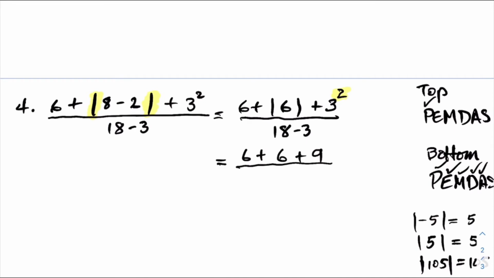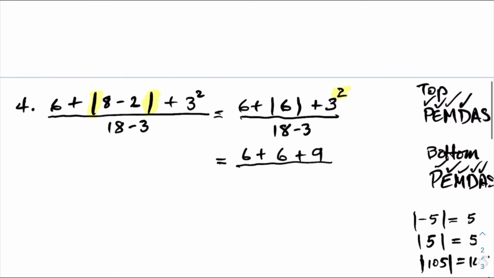Okay, we did the exponent on the top. There is no multiplication and no division at the top. At the bottom, there is subtraction. So we have 18 minus 3 is 15.